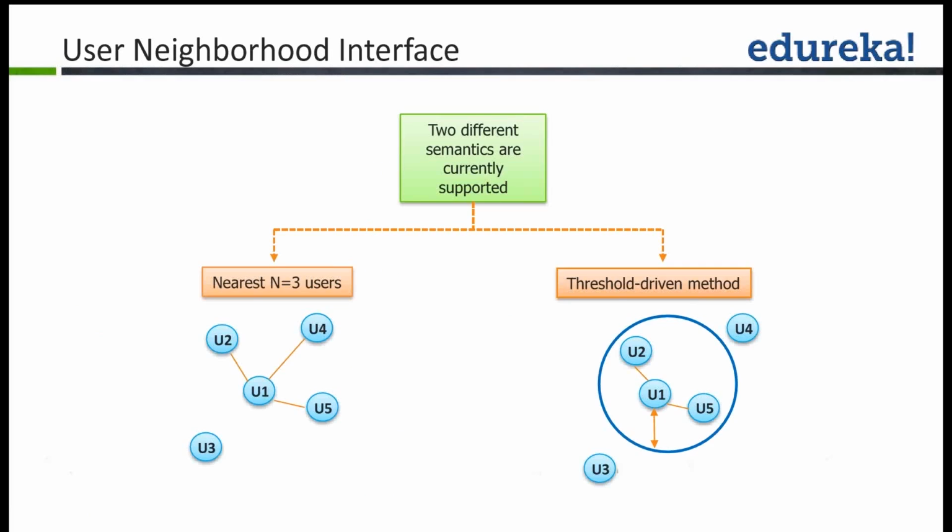For the user neighborhood interface, as we were talking about, for doing recommendations you don't want to look at the entire data to give a recommendation to a particular person, right? Instead, you want to focus only on the relevant subset of data, and that relevant subset can be the most similar items to the ones that you have already seen, or the most similar users which are relevant to your specific customer.